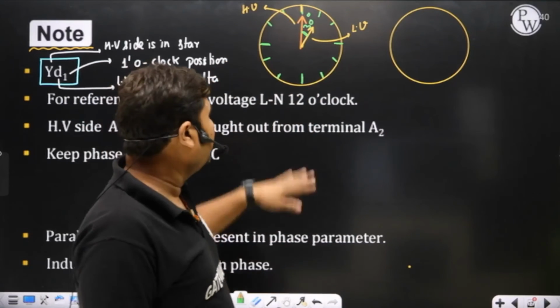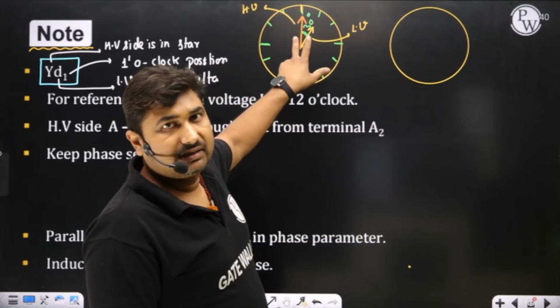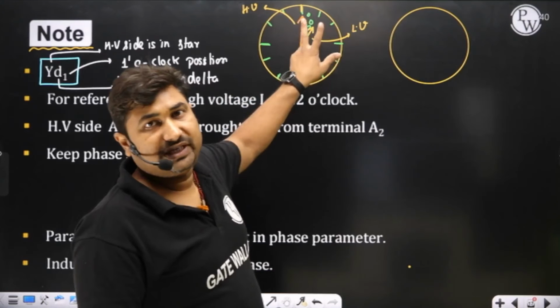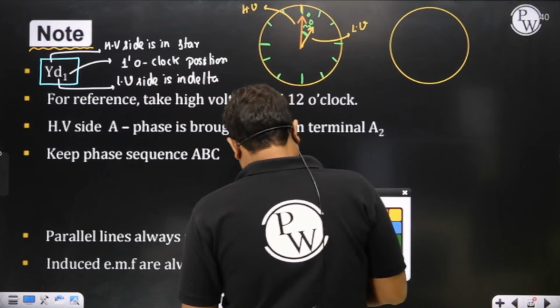But students get confused by observing this. They think it is the voltage difference between phase to phase, but that is not the HV side phase voltage and LV side phase voltage.